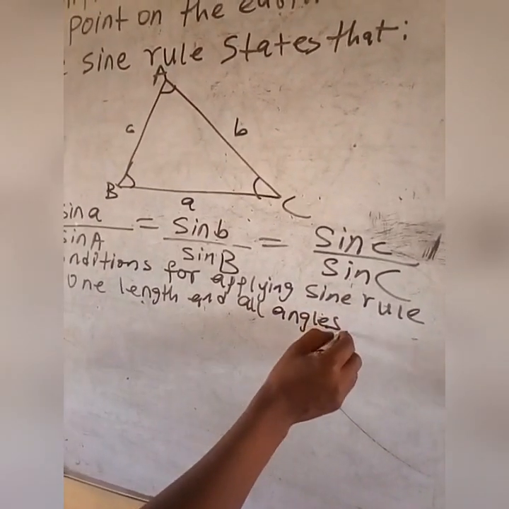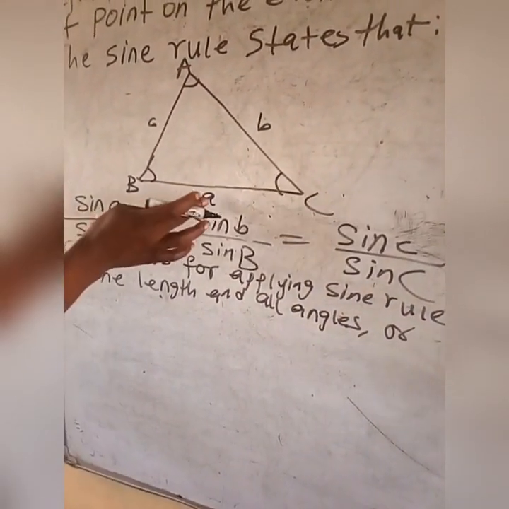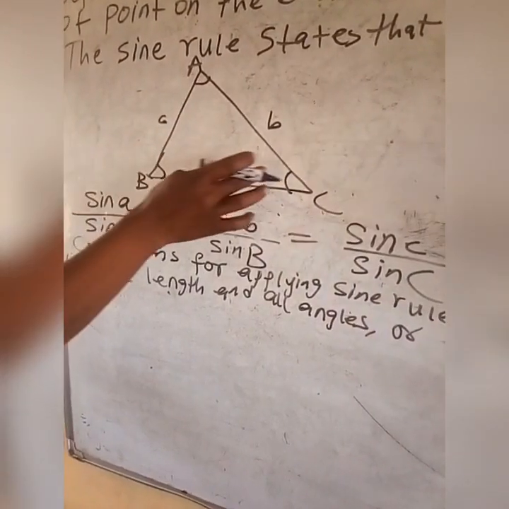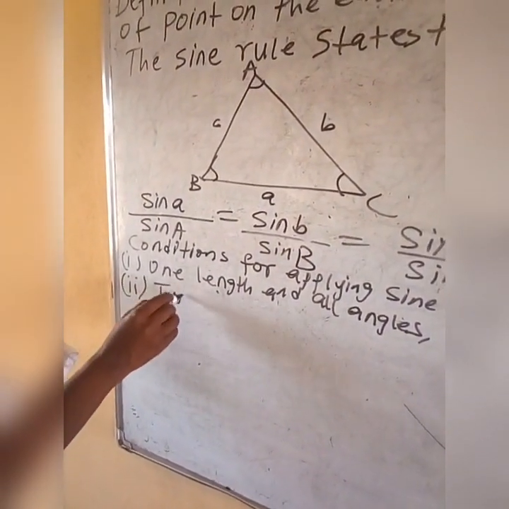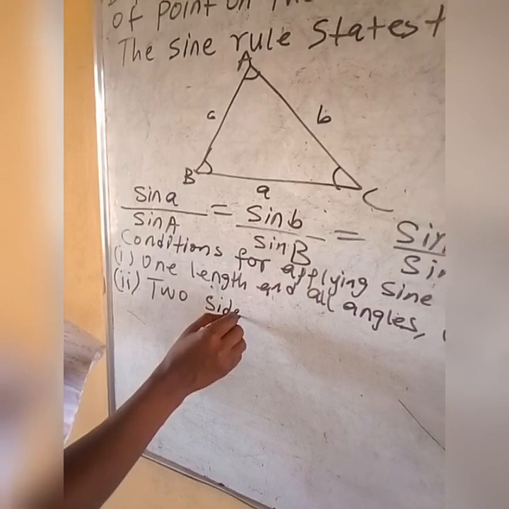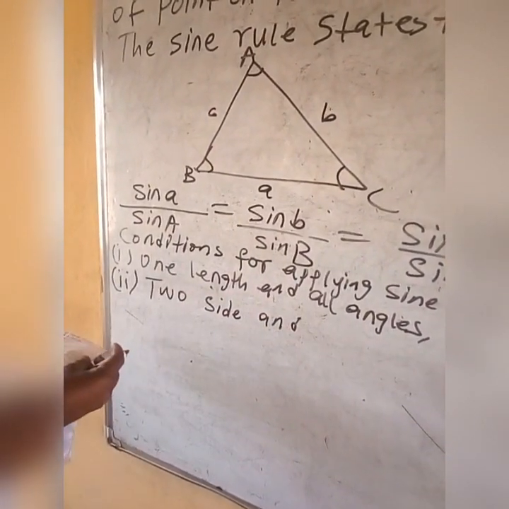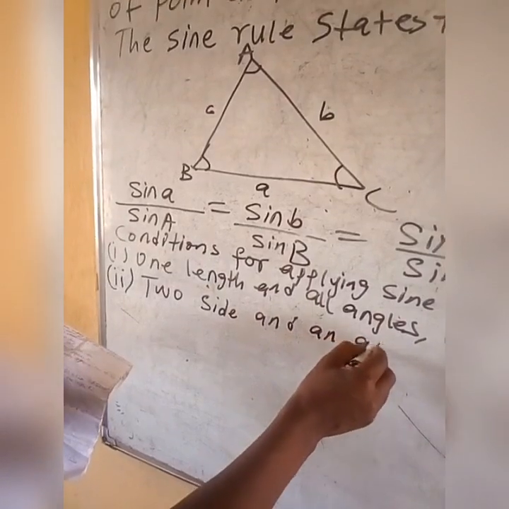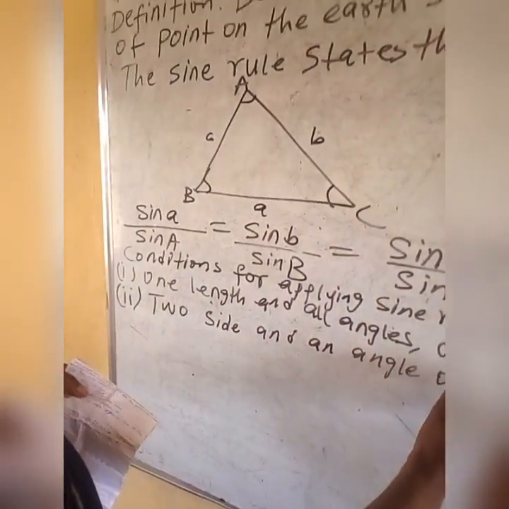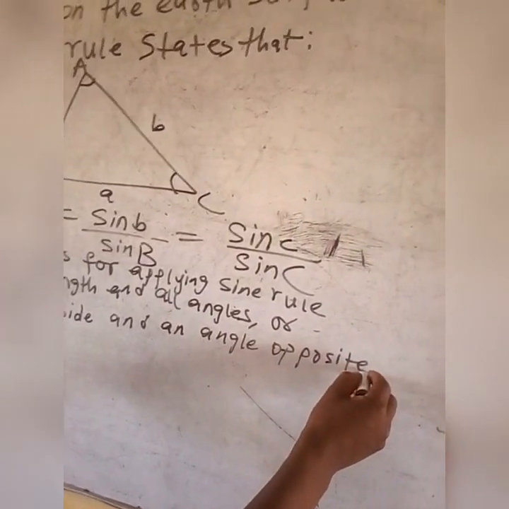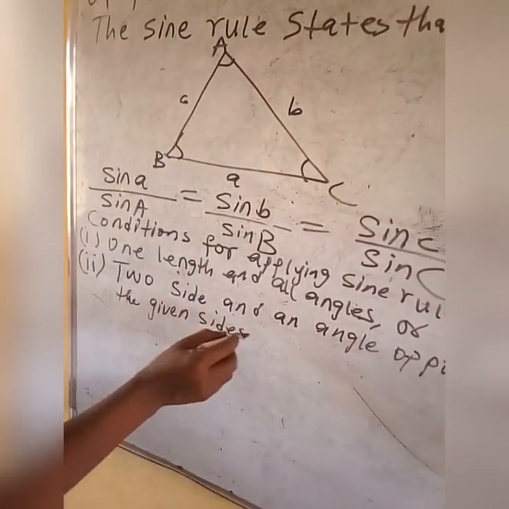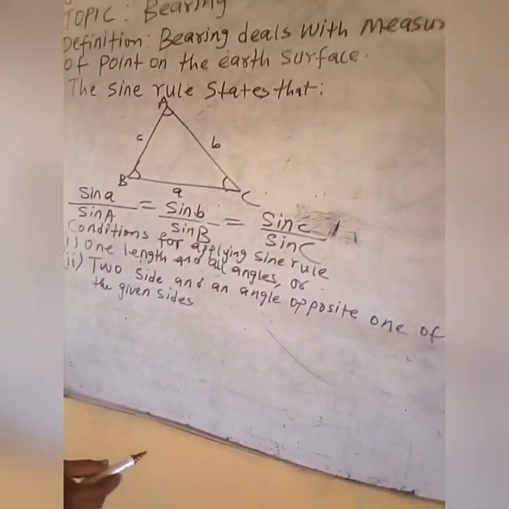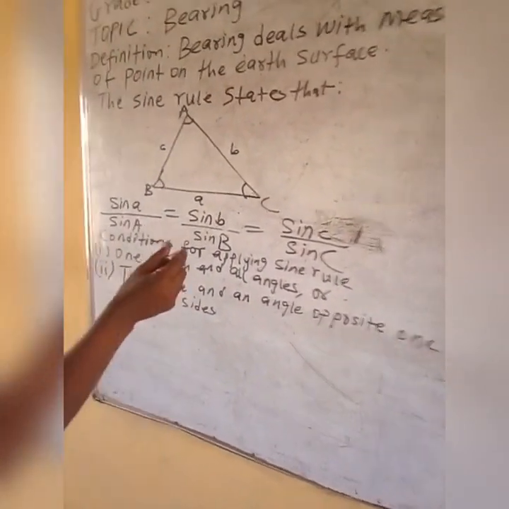Maybe one length is given, and this angle is given, this angle is given, this angle is given. Or the second condition: two sides and an angle opposite one of the given sides.